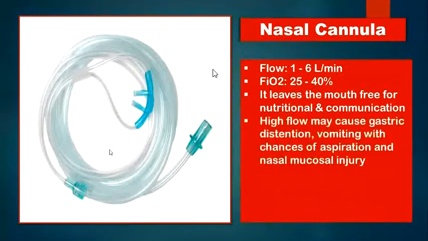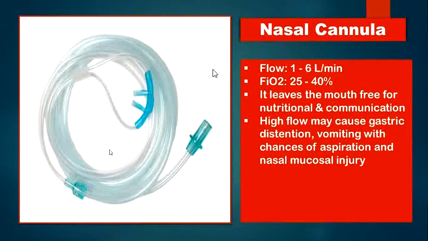But the high flow, because in the face mask there's a space between the O2 source and the airways, or the mouth and the nose of the patient. But in nasal cannula, the flow comes directly inside the airway, so it will lead to relatively high flow.